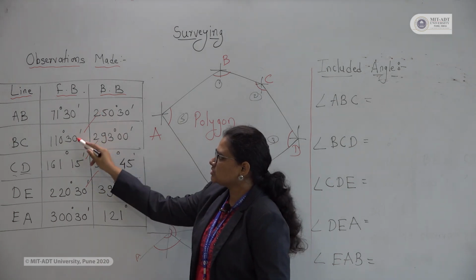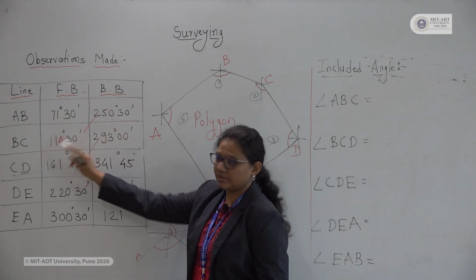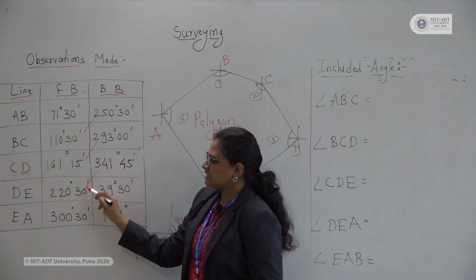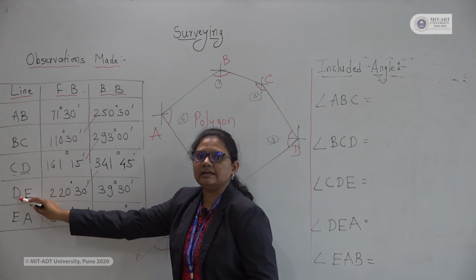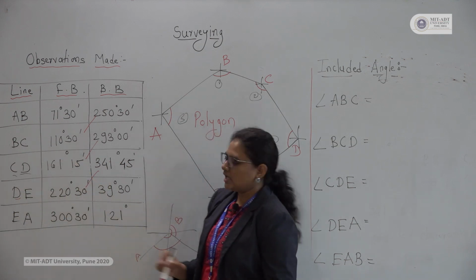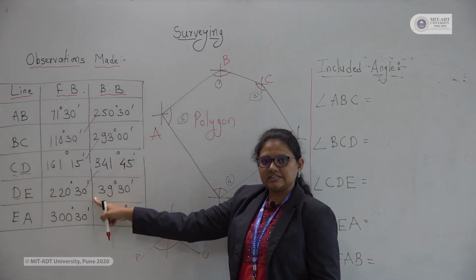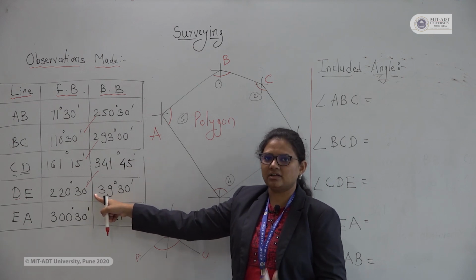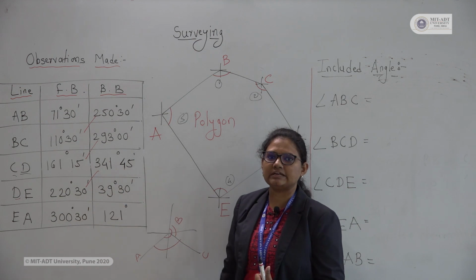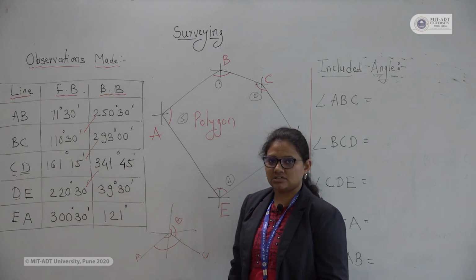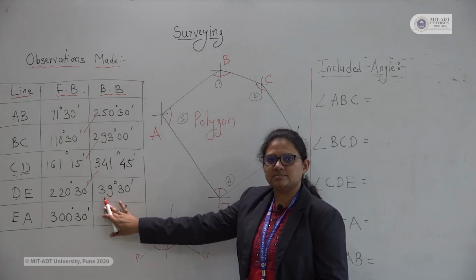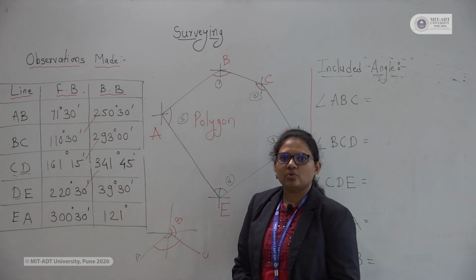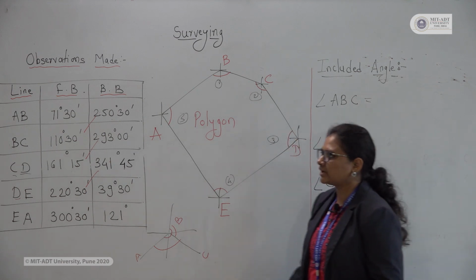If you subtract these two readings, you will get angle B. If you subtract these two readings, you will get angle C. If you subtract these two readings, you will get angle D. And you have to remember one thing: if the angle obtained by subtracting exceeds 180 degree, then you simply subtract that angle from 360 degree, and that will be your interior angle. These are some tricks to remember this type of subtraction and calculation. So this is our elaborative figure of point B. We will start with our calculation.